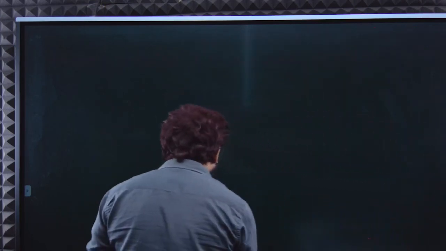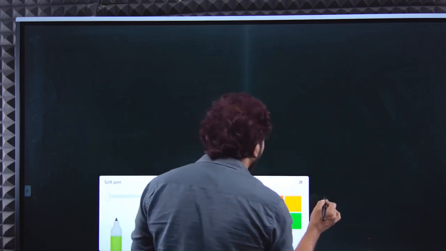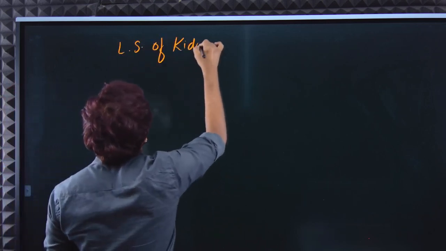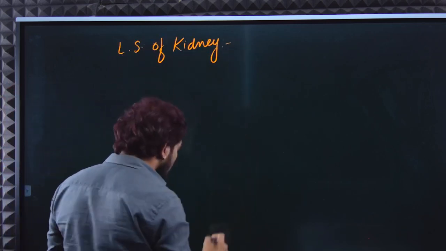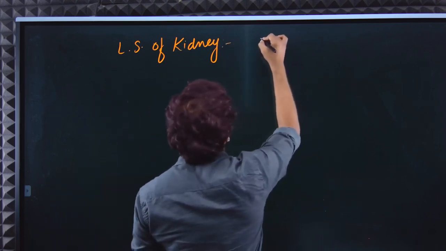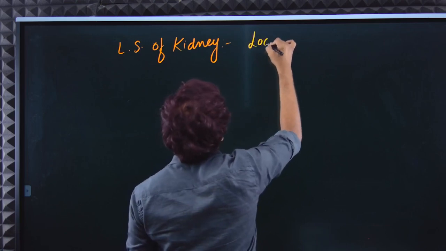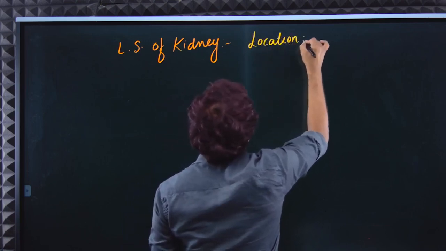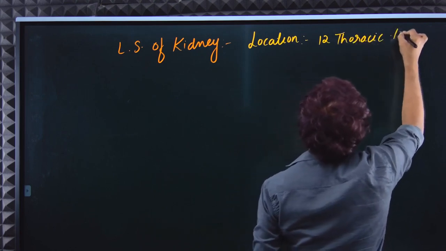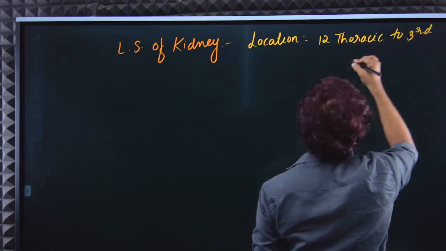Now let's come on to a sectional view of the kidney, the longitudinal section of kidney. What is the location of the kidney? The location of the kidney is 12th thoracic to 3rd lumbar vertebrae.